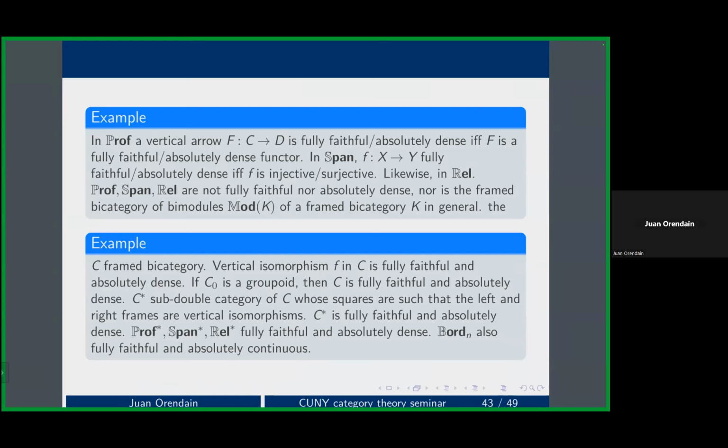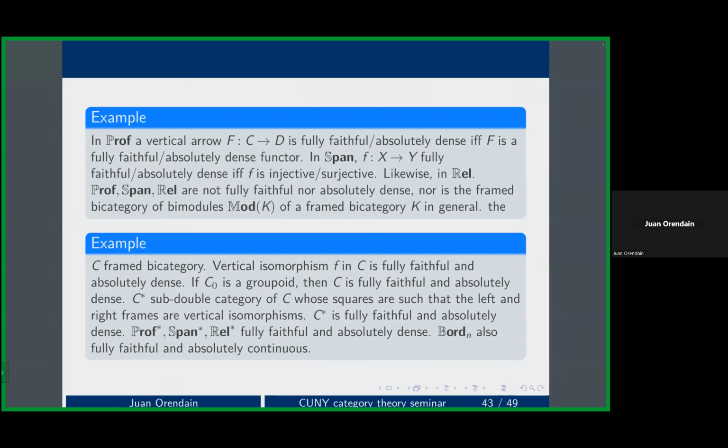In the frame bicategory of spans, a function, a vertical morphism, is fully faithful or absolutely dense if and only if it is an injective function or a surjective function, respectively. And the same thing happens for the double category of relations. So Prof, Span, and Rel are not fully faithful, nor is the frame bicategory of bimodules.